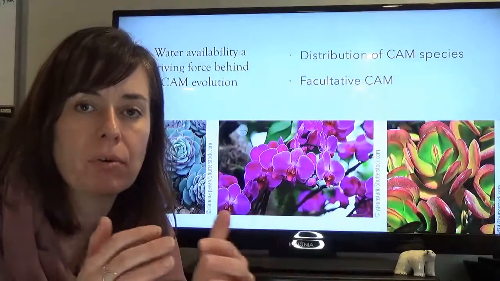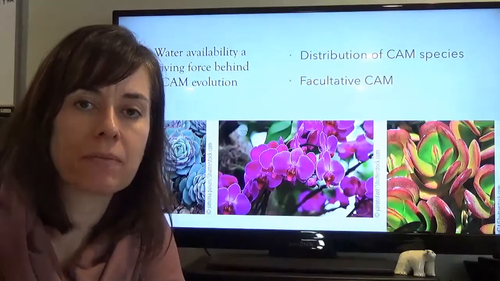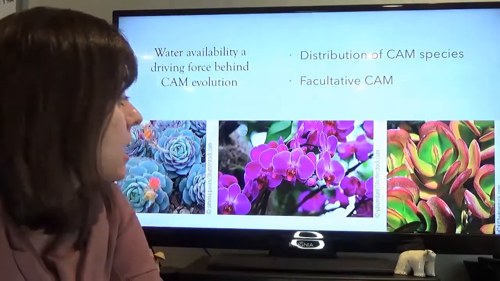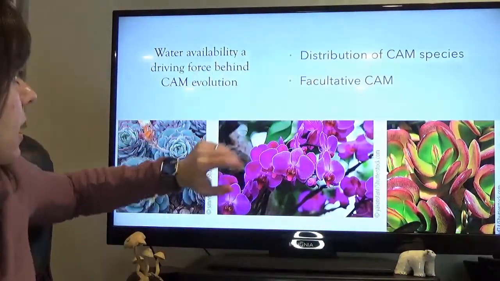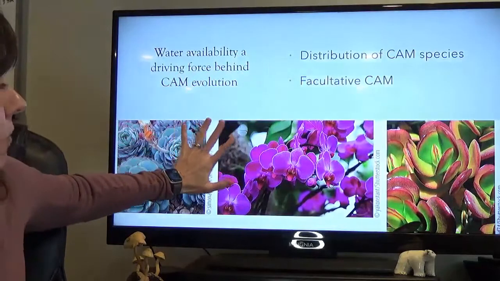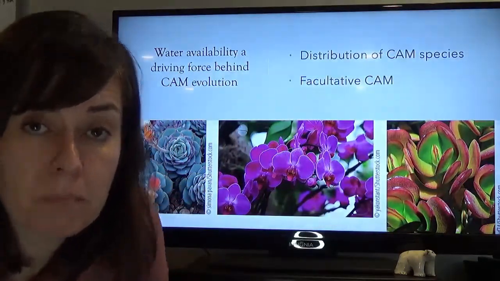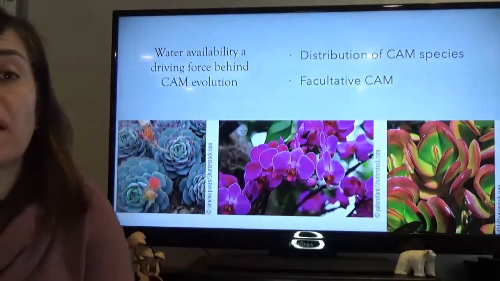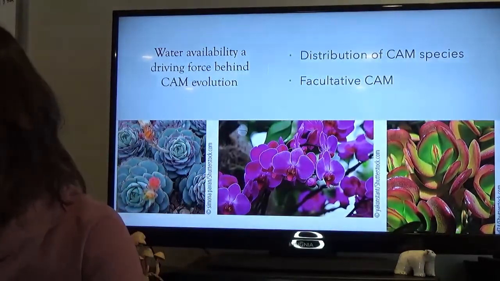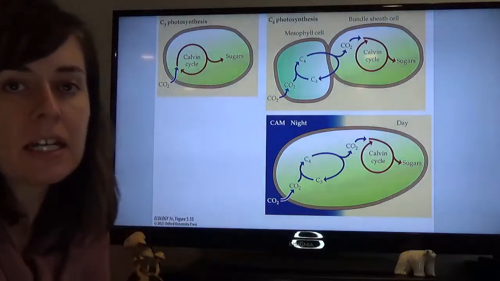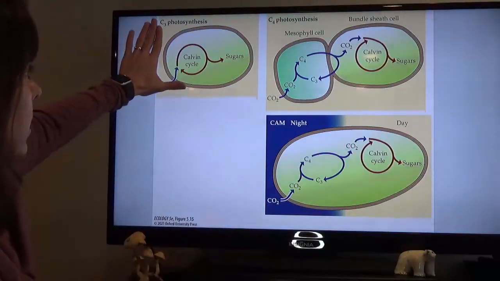They just shift to this CAM photosynthesis and have these additional vacuoles to store these organic acids. So the idea is that CAM photosynthesis really evolved in response to water limitation, and we see this very commonly in many dry environments.